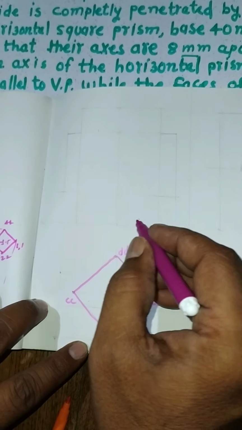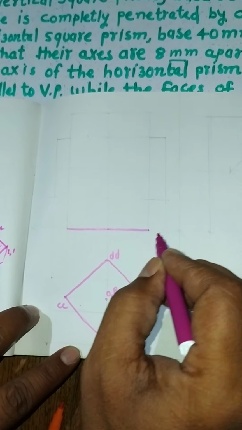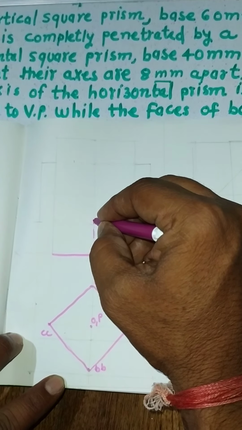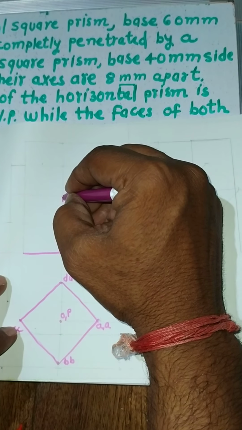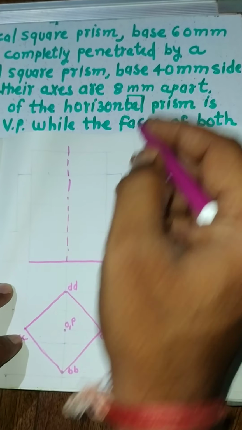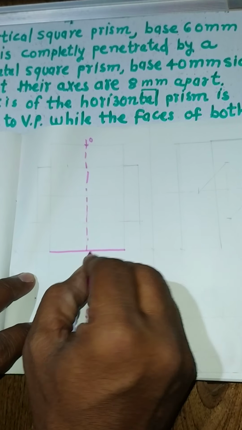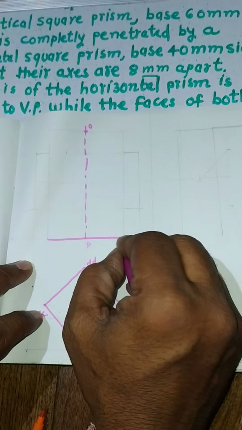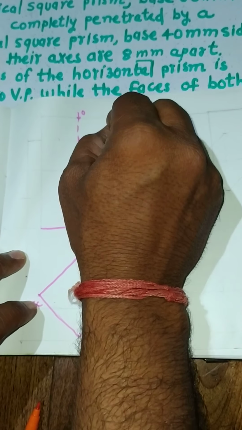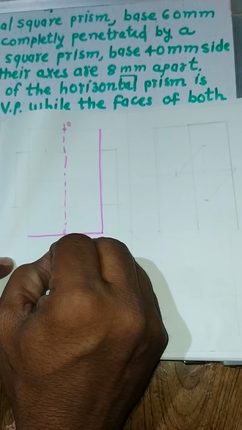Now I will draw the front view. This is the base of the vertical square prism. What is the axis height? This is 100 mm, OP. These are the vertical edges AA. This is the back side edge which is dotted, that is DD.